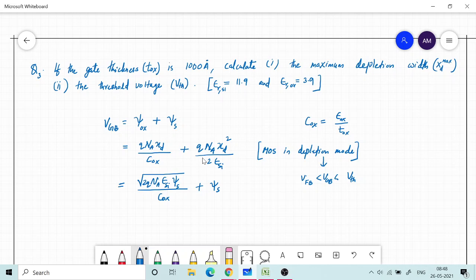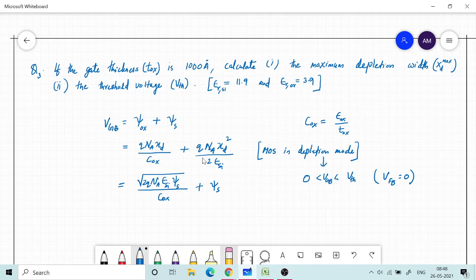If you take the first expression, VGB is going to 0. This is when flat band voltage is 0. In our example we have flat band voltage 0, so I'll put 0 here, and in bracket V flat band is equal to 0.